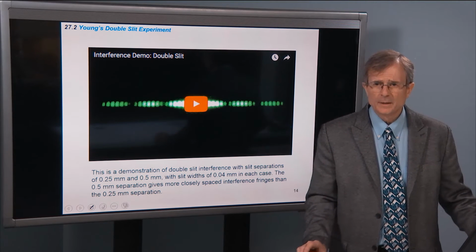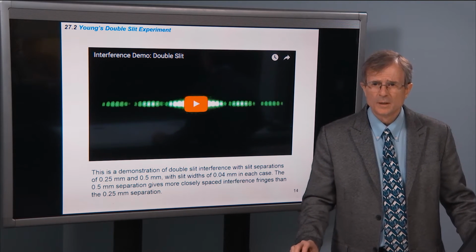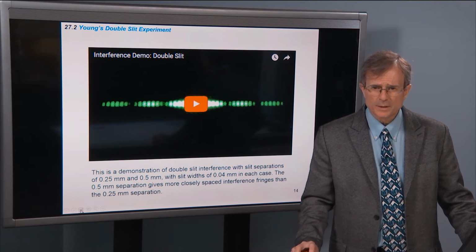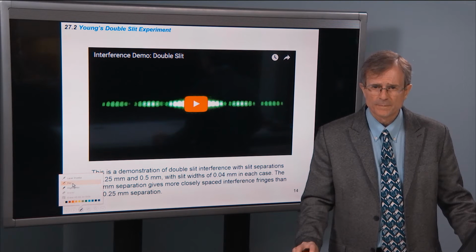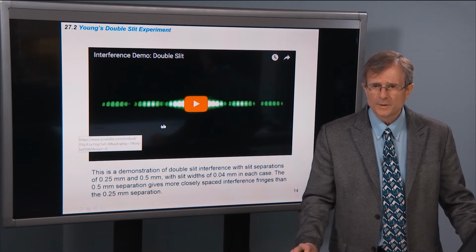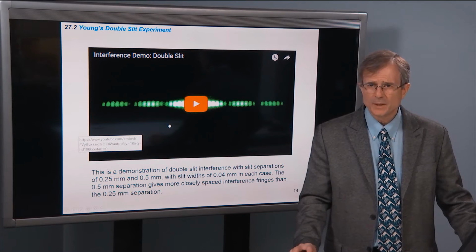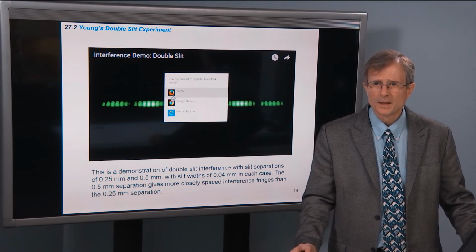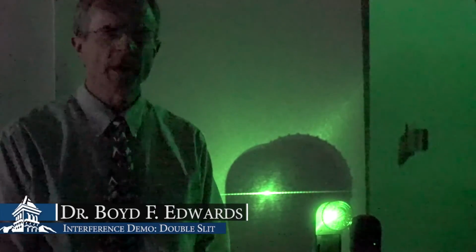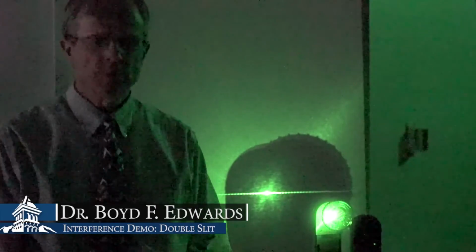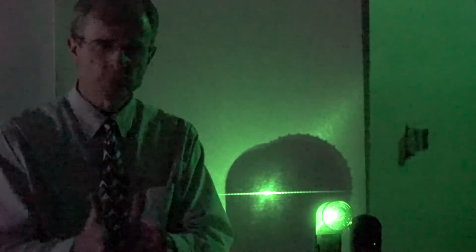All right, a demonstration of double-slit interference done with the expertise of our amazing Media Productions team. This is a demonstration of the pattern you get when you send light through two slits.